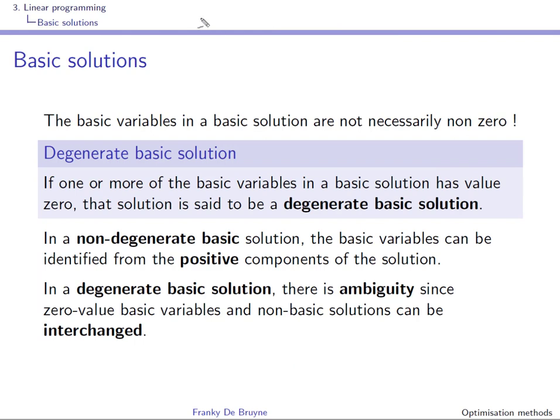In the previous example, we had Ax is equal to b, n larger than m, and we had n equal to 5 and m equal to 3, right?